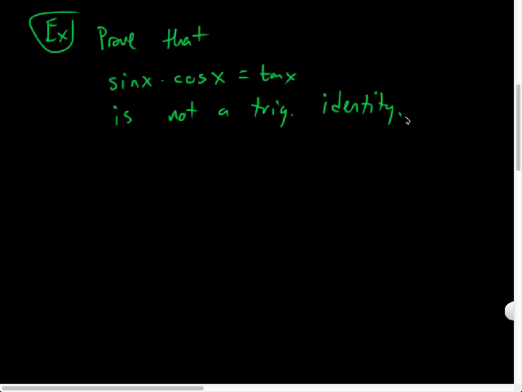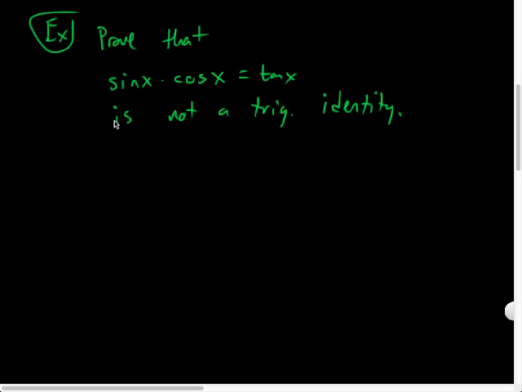If I want to prove that it is not an identity, all I need is a single case where it's not true. So I'd be interested in picking some values of angles, not necessarily absurd ones, but trying to find out what might break this down.